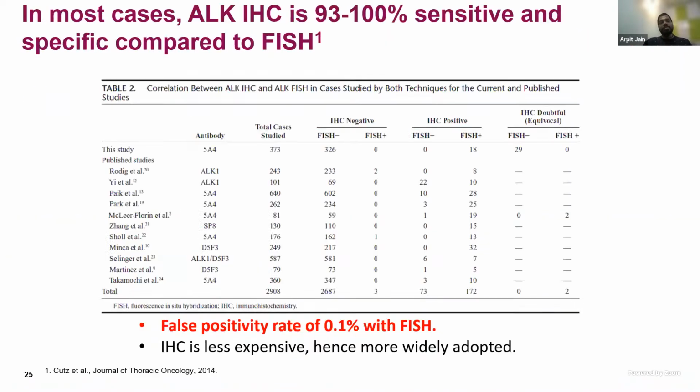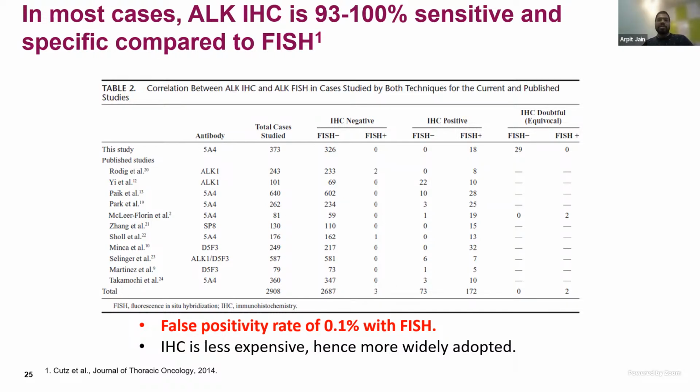Next. Then comes the second most common targetable alteration, which is ALK. In most of the patients, ALK IHC is 93 to 100% sensitive and specific as compared to FISH.